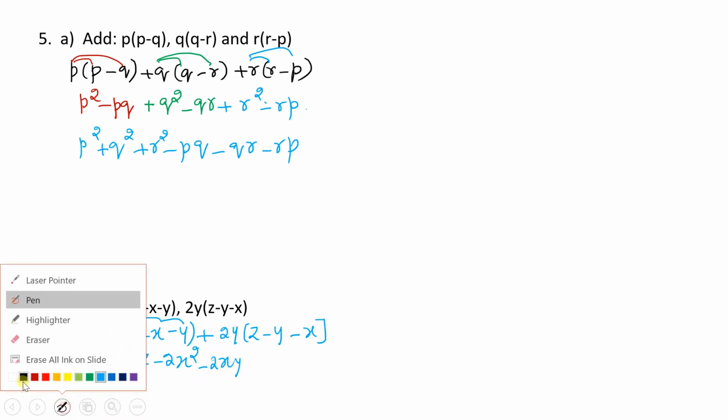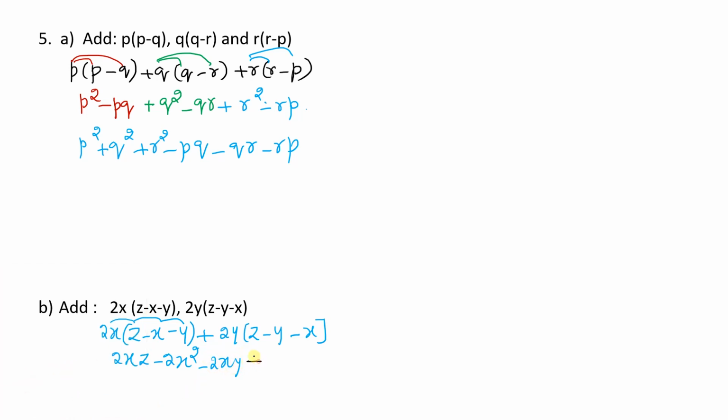Okay. Plus 2y into z is 2yz minus 2y into y is minus 2y square minus 2xy.